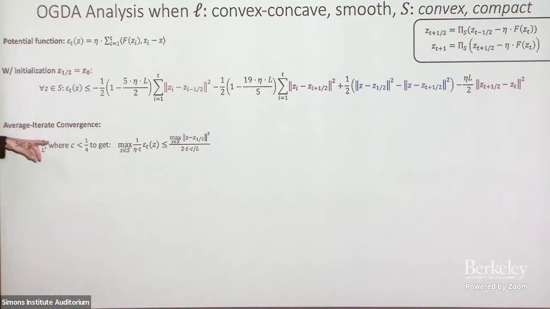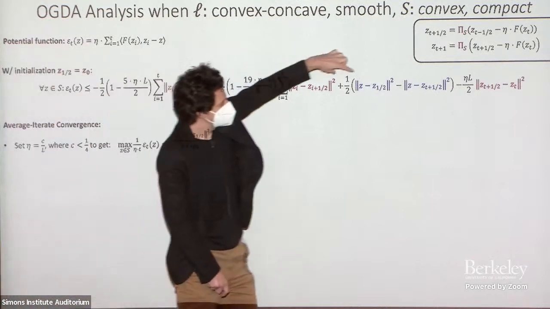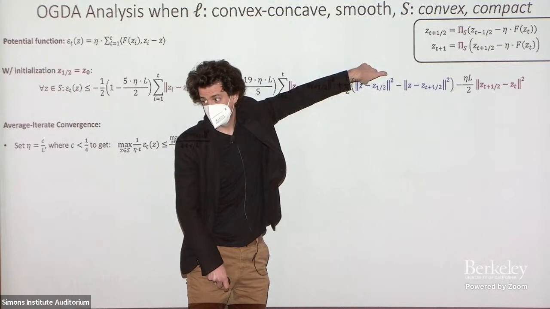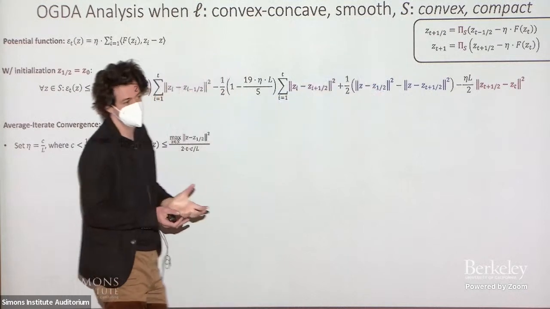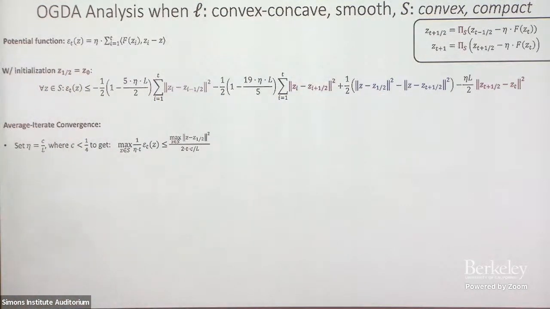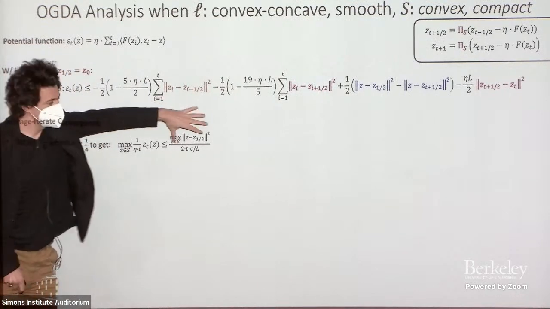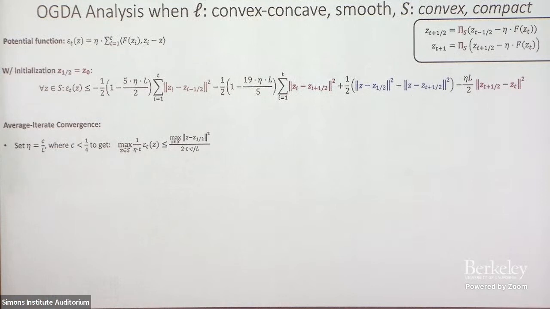So for any z you plug in, the maximum that this potential function can get is the maximum that the single positive term on the right-hand side can get, which is the radius of your constraint set in this L2 squared. And this is the notion of radius of your constraint set.